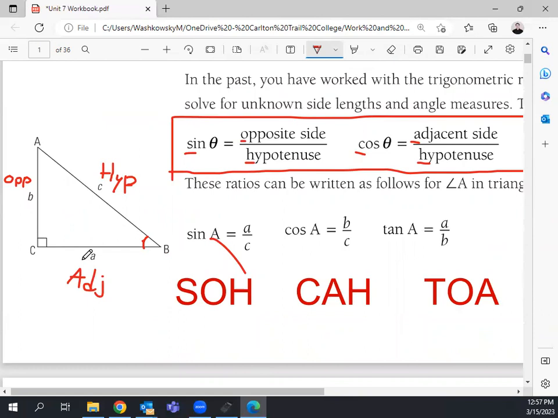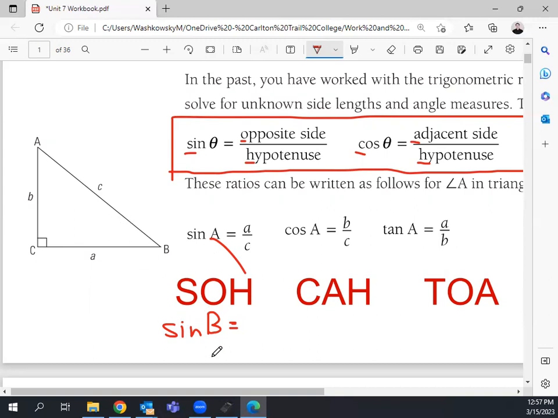So let's say, for example, I'm going to erase everything in this triangle. If I wanted to find, let's say, sine of B, because big B here is an angle, right? Well, the opposite and adjacent always depend on what angle I'm using.